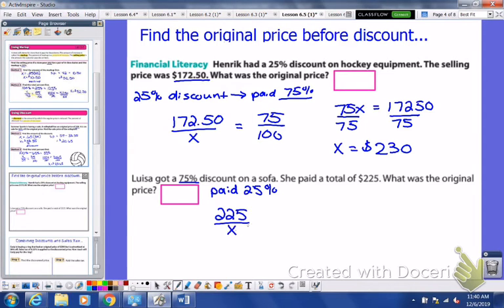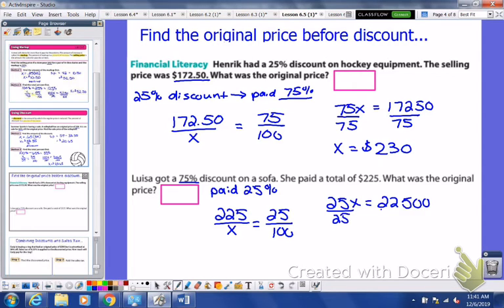Our part over our whole equals our percent over 100. We do our cross multiply. So 25x equals 22,500.